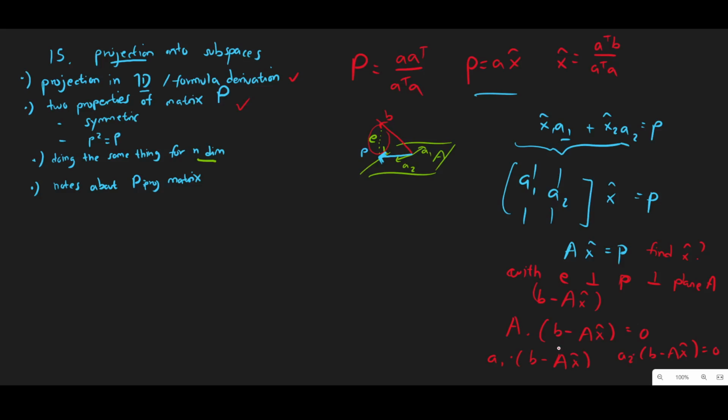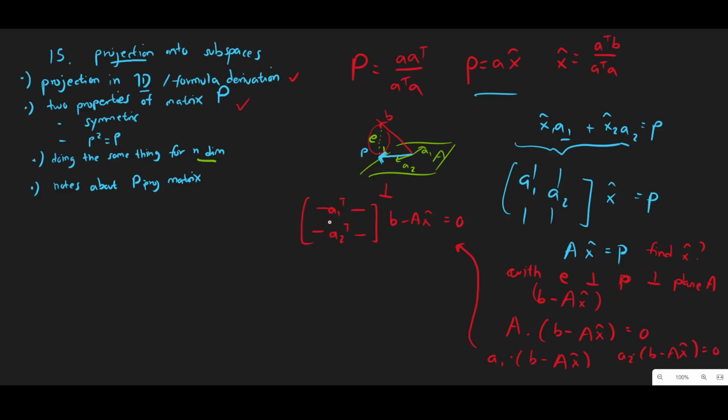So what does it translate to? It will translate to A1 transpose, A2 transpose, and then you have b minus A x hat equals 0. Well, equals 0 again because these are orthogonal complements.